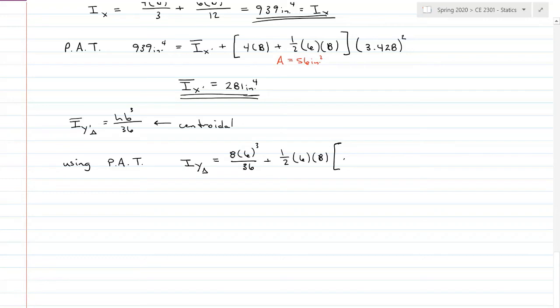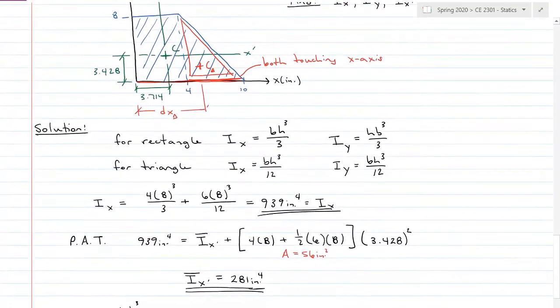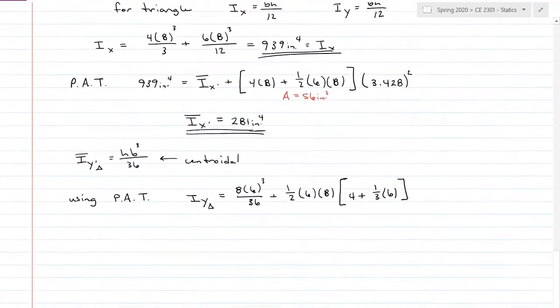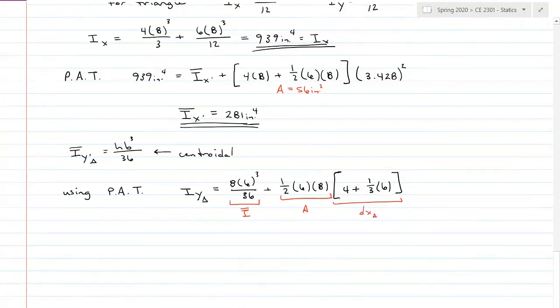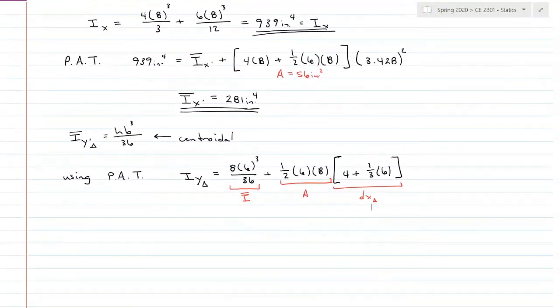So that's going to be 4 inches plus 1/3 of 6 inches to get it all the way back to the y-axis. Okay, and let me label things. So this is I bar, this is the area, and this is dx triangle as I have it labeled up there. Okay, oh, squared. Good job, me.